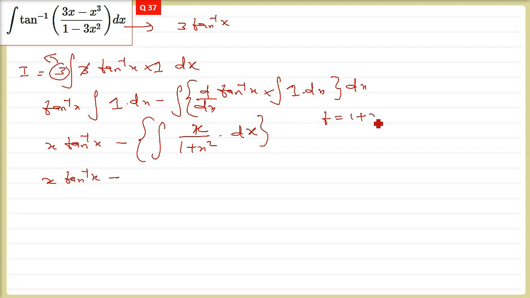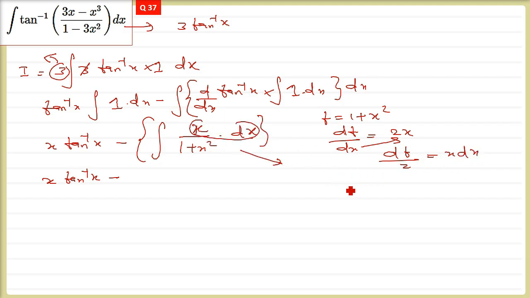Let's take t equals 1 plus x square. When we take t equals 1 plus x square, dt by dx will be equal to 2x. So x dx, this x will go up, so dt by 2 will be equal to x dx actually. So the numerator we can write as dt by 2. I'm doing it here. For x dx, we are writing dt by 2, so half comes in front. 1 plus x square was taken as t.